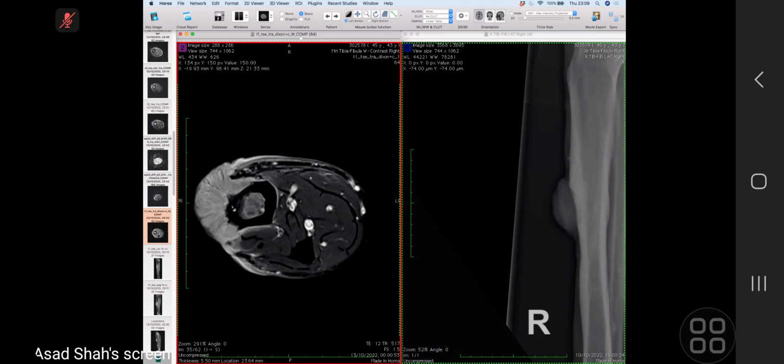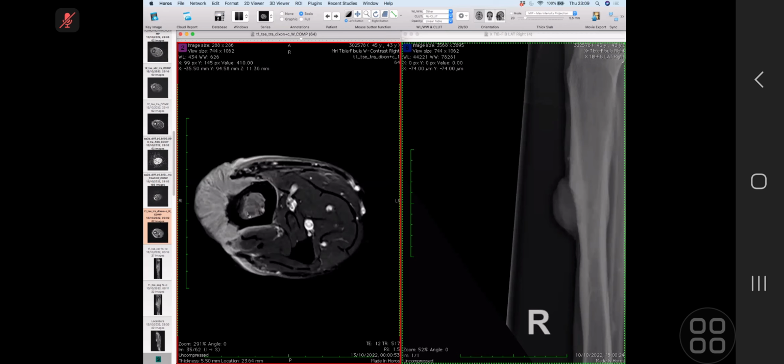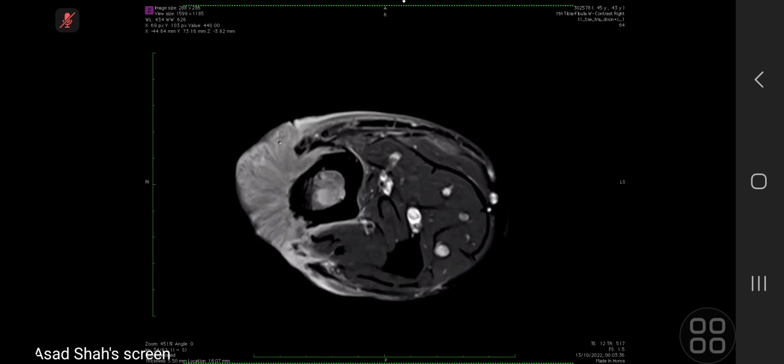So you can see some abnormal enhancement, abnormal signal here in contrast to this. This is fatty marrow, but this one is a bit enhancing, right? And then like you said, this soft tissue has a very broad base on the tibia, and it breaches through the muscle planes. So part of me thinks it is something which is arising on the surface and then secondarily got into the bone.